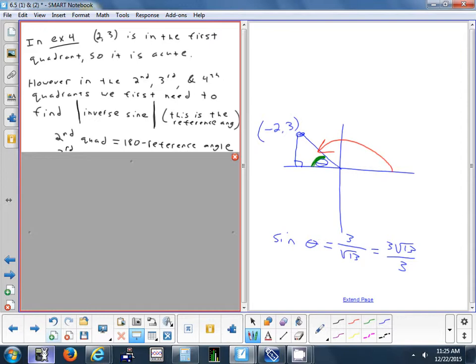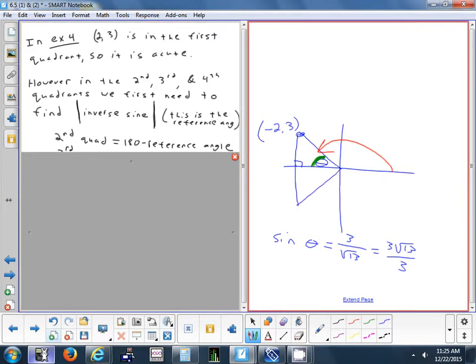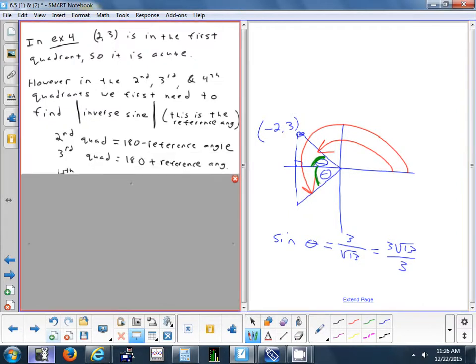How about if I was in quadrant 3, okay, and I knew this angle, and what I'm really trying to find is that big arc in red. What would I do there? Yeah, you just add 180 to it, because otherwise you'd be trying to subtract 180 and it'd be a negative angle. Right.